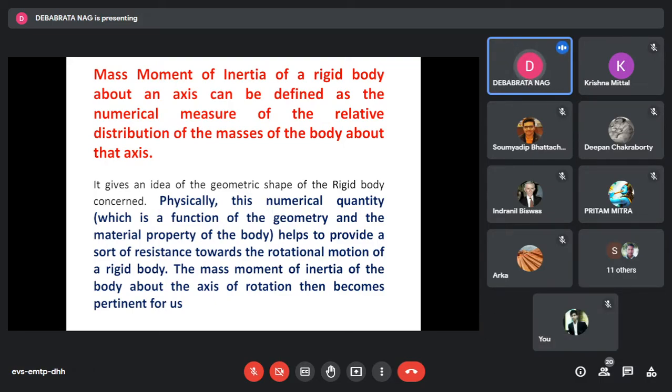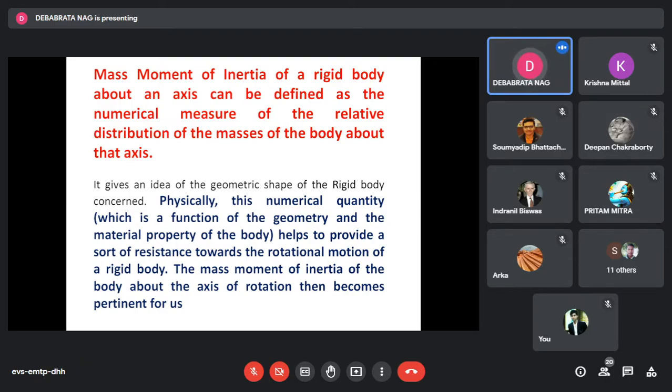So that distribution of all the constituent mass particles of a rigid body gives rise to the measure of this mass moment of inertia about that line.